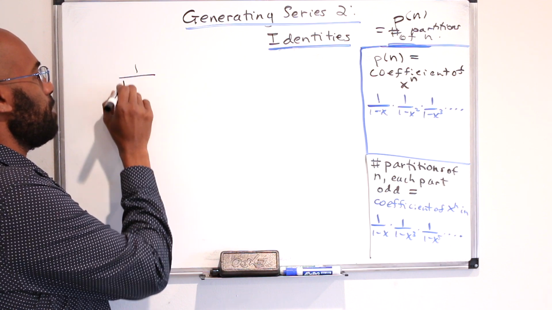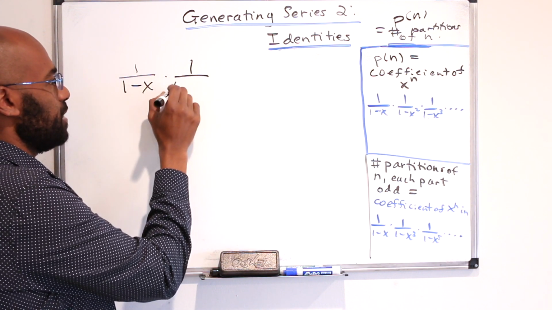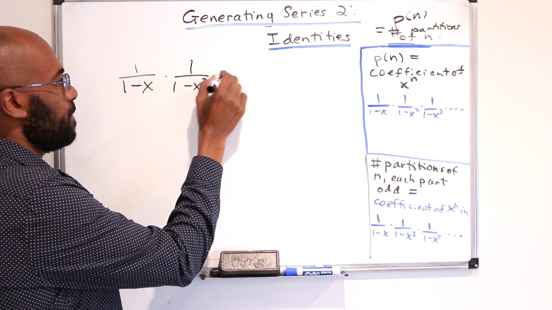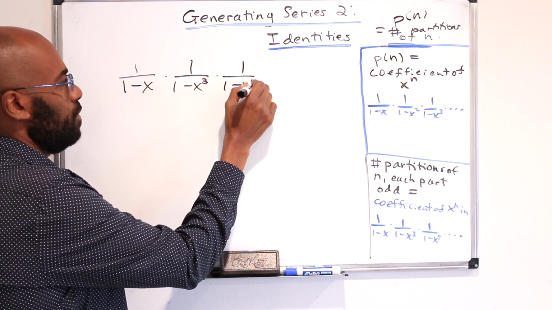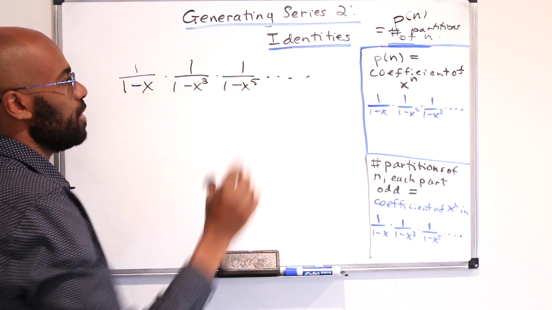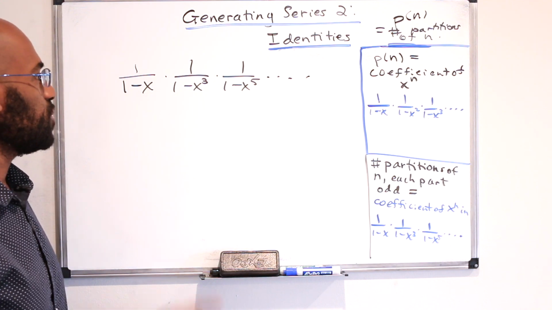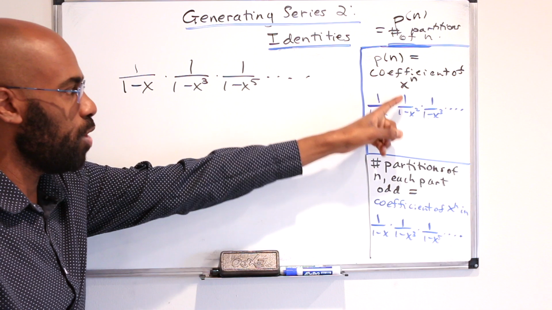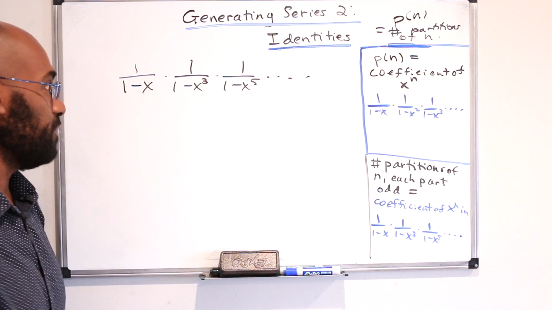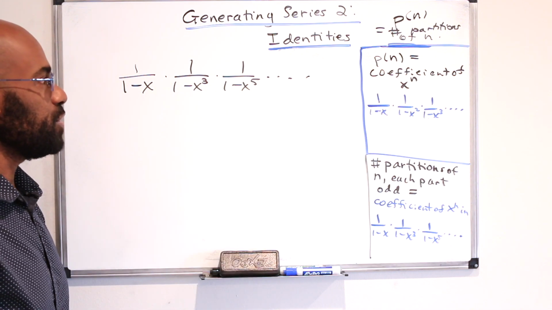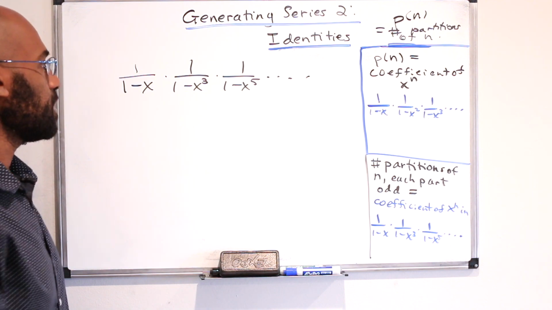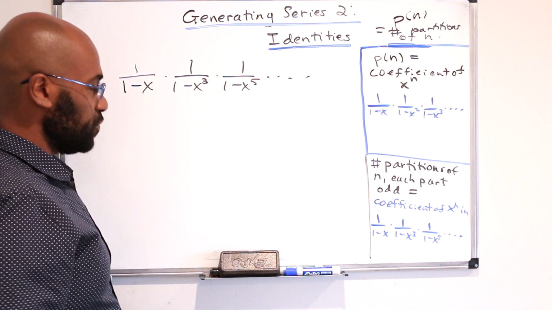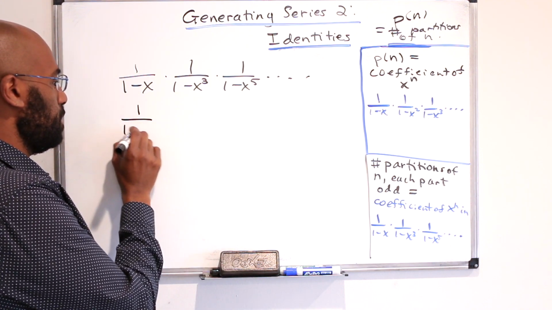It's 1 over 1 minus x, 1 over 1 minus x cubed, 1 over 1 minus x to the fifth, etc. And you notice you're removing all of the terms that look like 1 over 1 minus x to an even power here. So what I want to do is reintroduce those and see what happens. Now we can't exactly reintroduce those because they're not there.